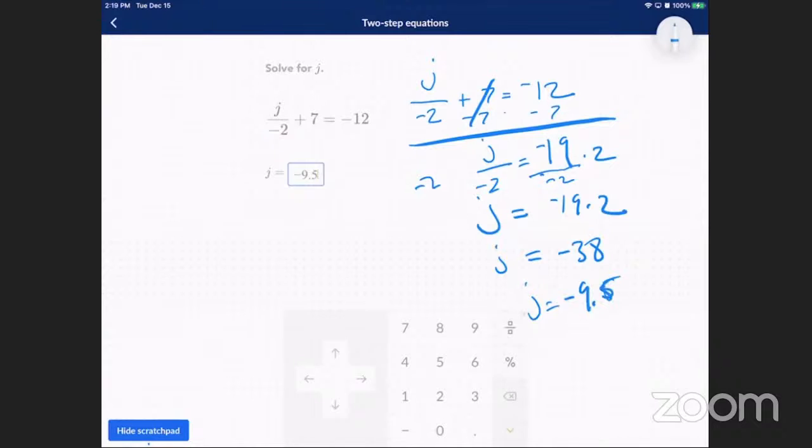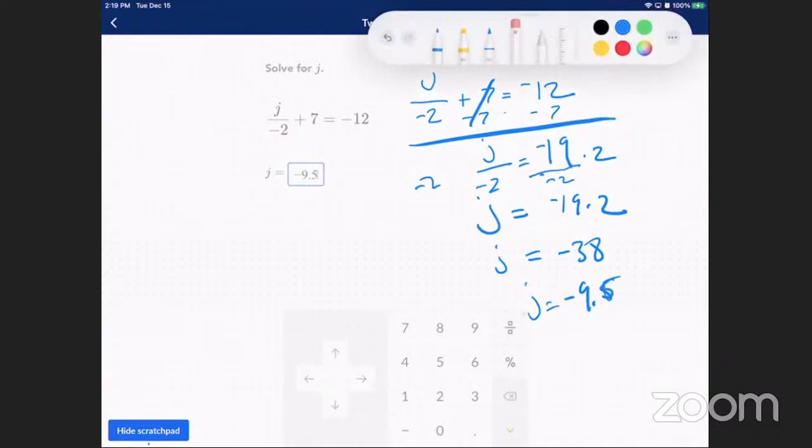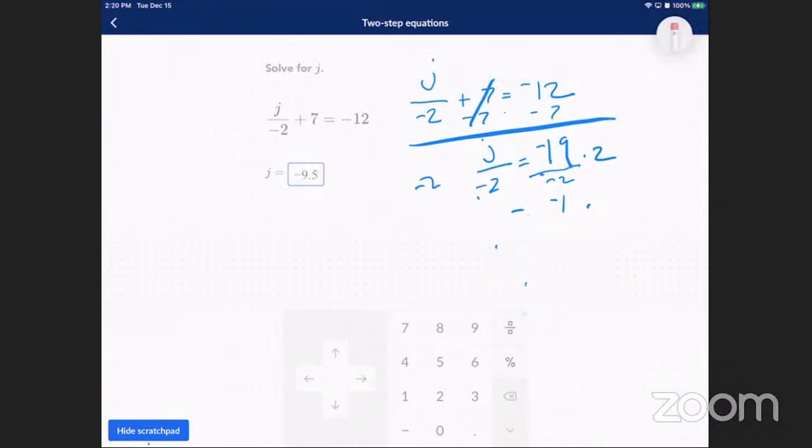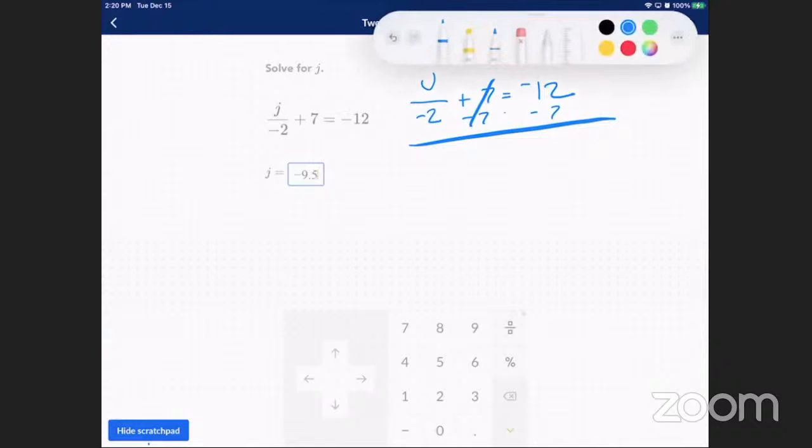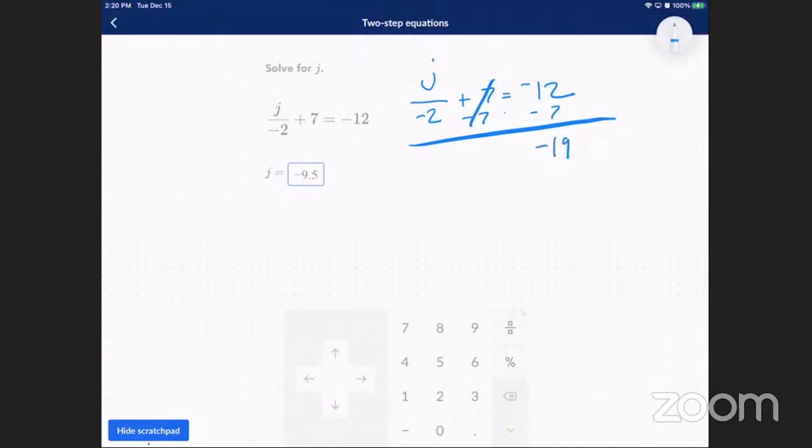Let me just do that again. This will be negative 19. This will be j over negative 2.